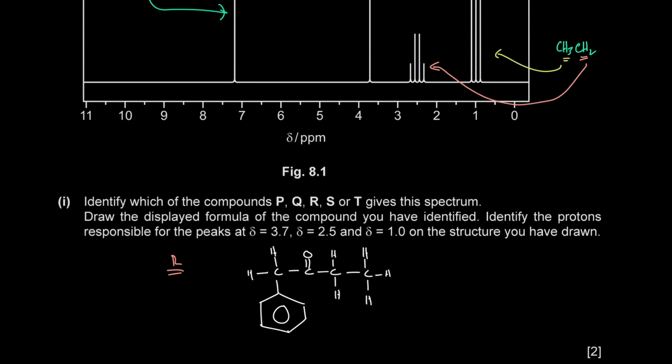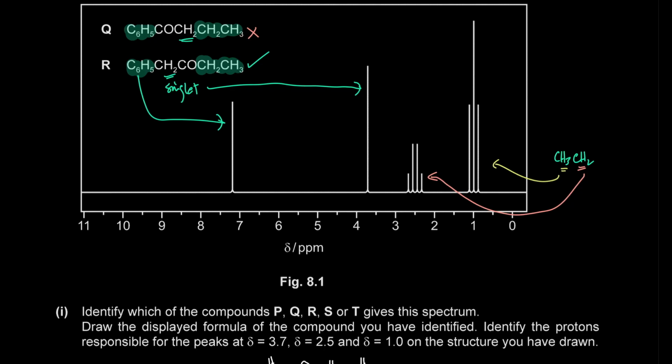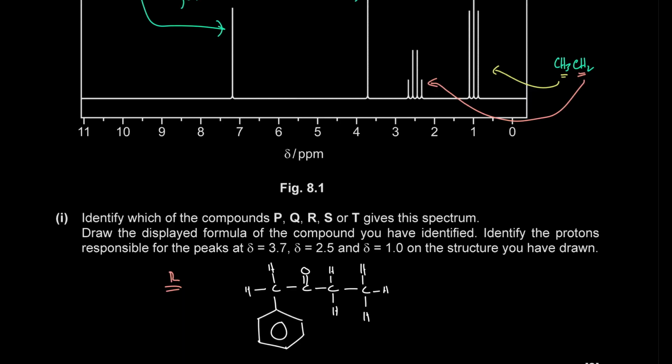Okay. So now we have to identify which of the protons are responsible for each of these peaks. We already said that the CH3 protons are the ones being split into a triplet at 1.0 parts per million. That's HA.